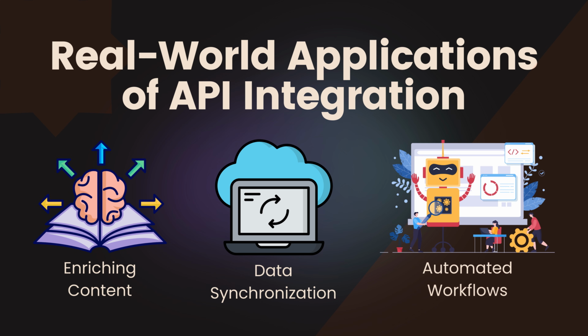Trigger payment processing with Stripe or send notification emails via SendGrid when content updates occur in Payload. These workflows reduce manual effort and streamline processes, enabling faster responses to user actions. These examples highlight how API integrations can make your applications more dynamic, interconnected, and efficient.